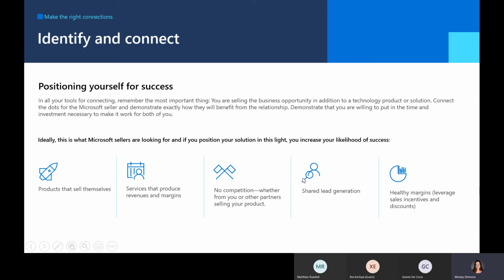They also love working with partners who help connect and share their lead generation so that you can work on that co-sell motion together. And as I talked about before, having smart sales incentives and discounts that drive those healthy margins are really important for Microsoft sellers.